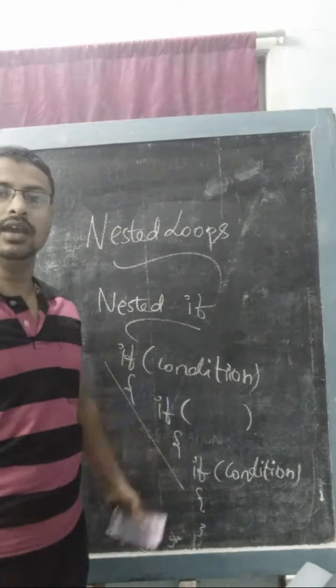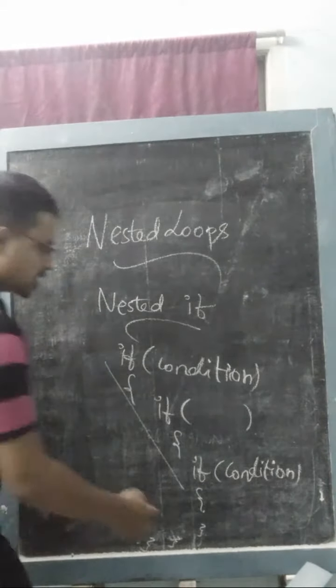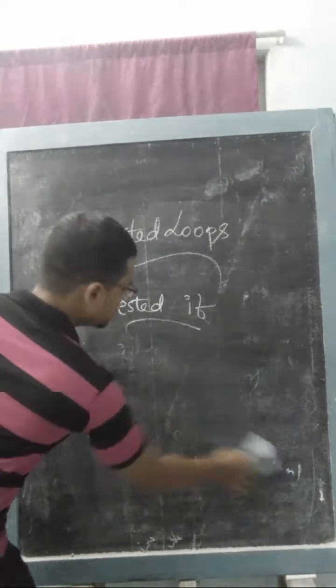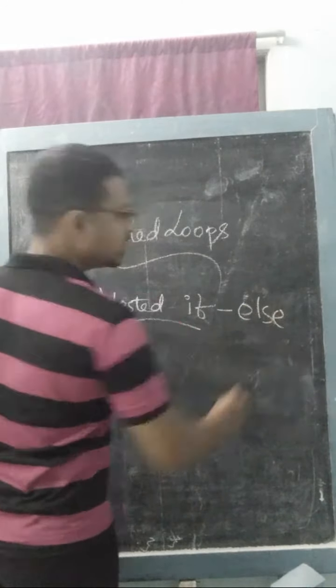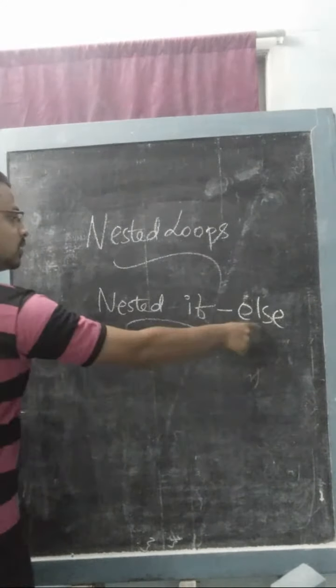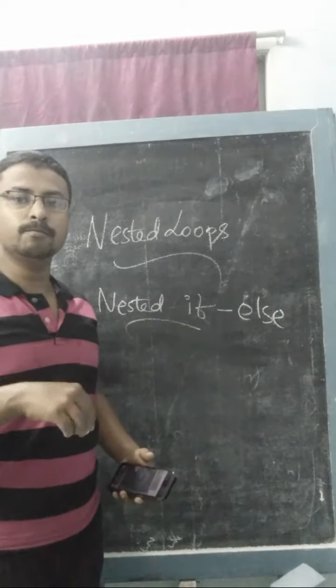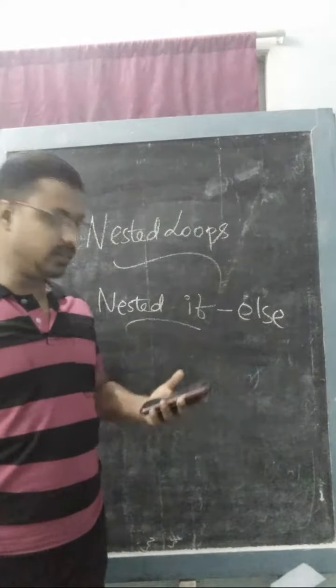You know this already, and we taught it in the previous classes. In the same way, there is nested if else also. If inside another if, and else inside another if, or else inside another if else, that is called nested if else.